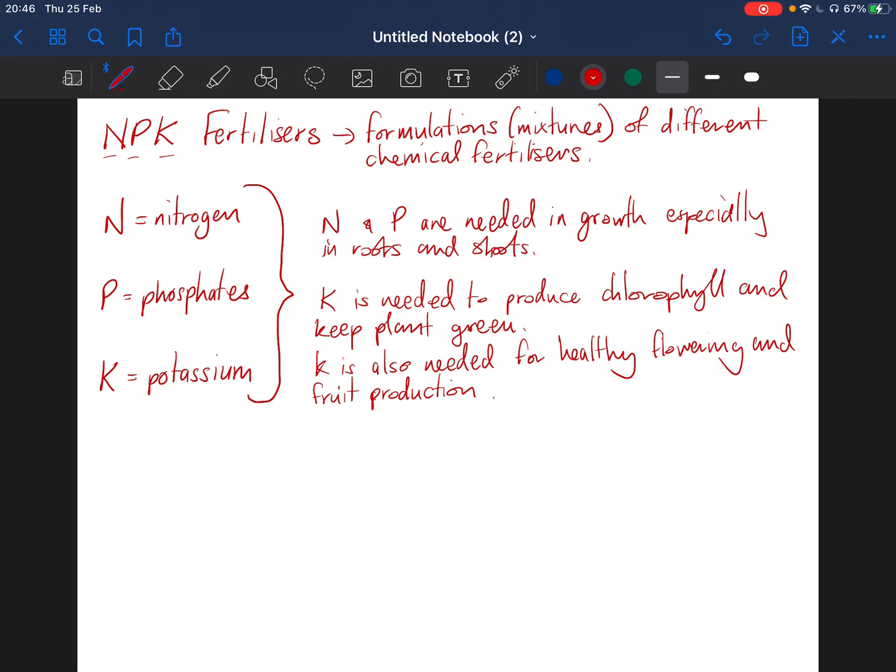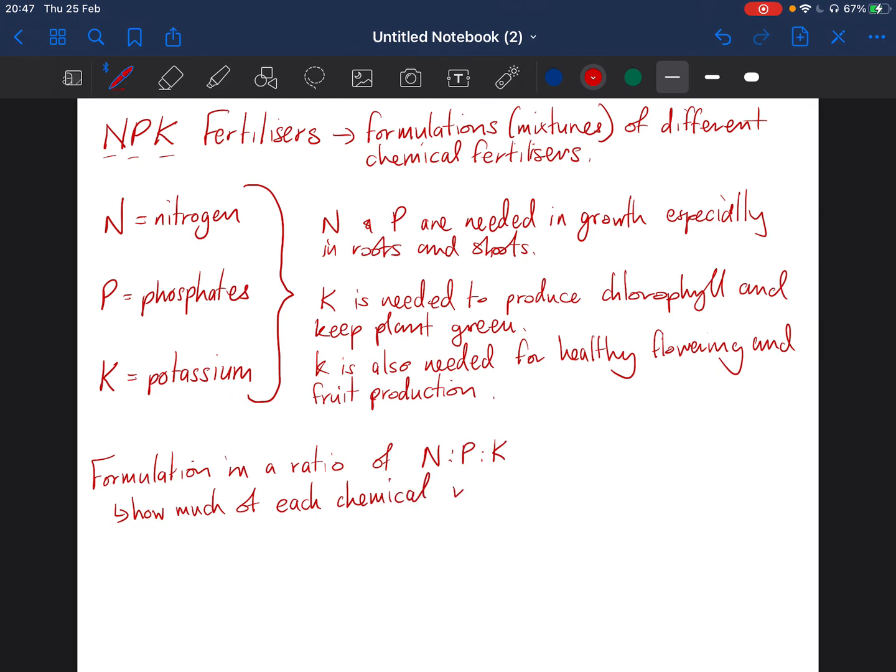Now, when we make NPK fertilizers, we make the formulation in a ratio of N to P to K. So what that basically is, it's a ratio that tells you how much of each of the parts is in the mixture.